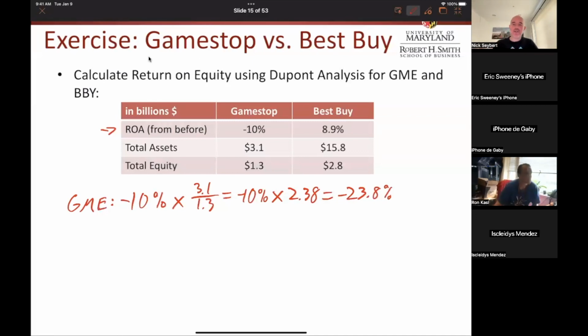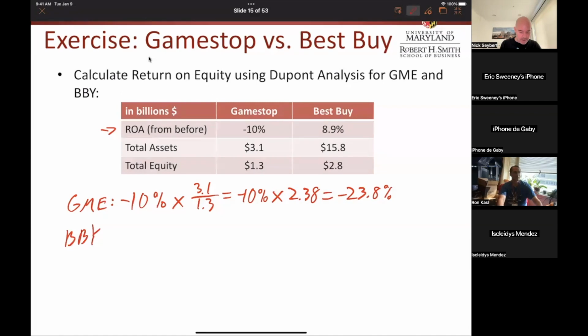But we see right here an example of that leverage riskiness where, gosh, GameStop probably really wishes they had less debt, or less liabilities, because that negative 10% that already sounded bad is, to shareholders, almost a negative quarter, a negative 23.8% of their investment. So that doesn't sound great.